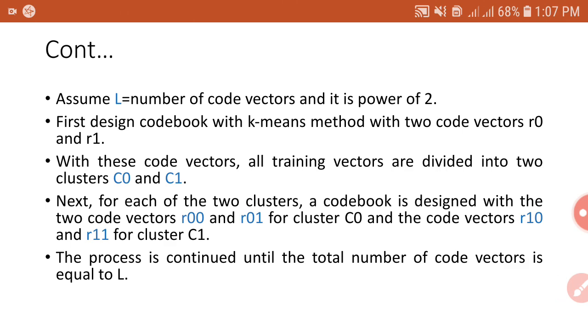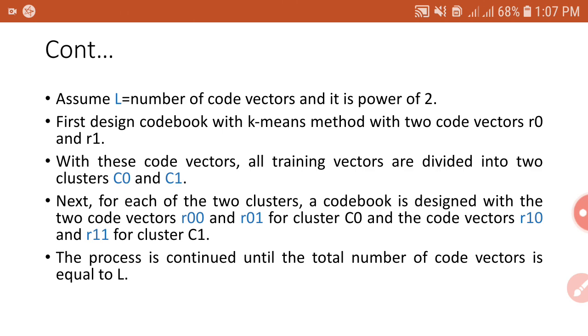Now here the k-means algorithm is used for designing the codebook. What is the k-means algorithm? In the k-means algorithm you have some training set or training vectors as the input data, and you are representing this training set using some representative vectors.